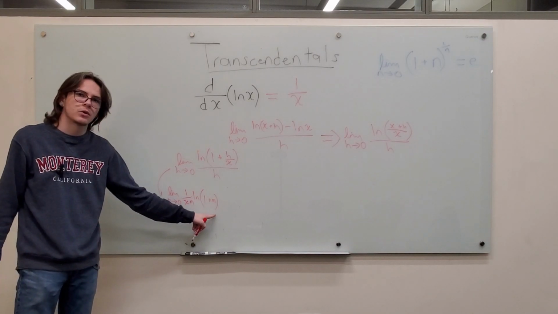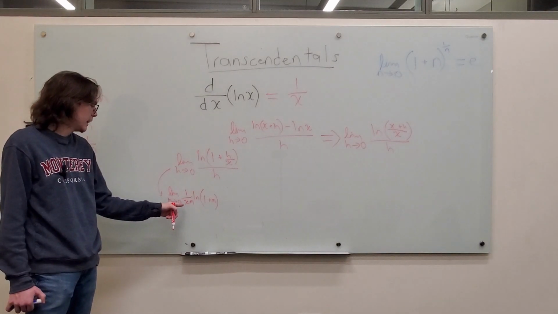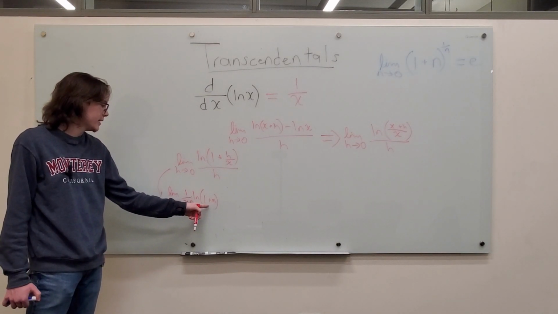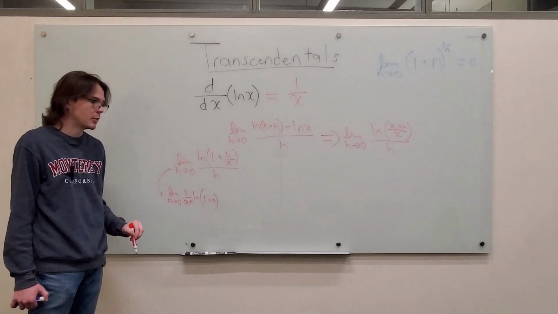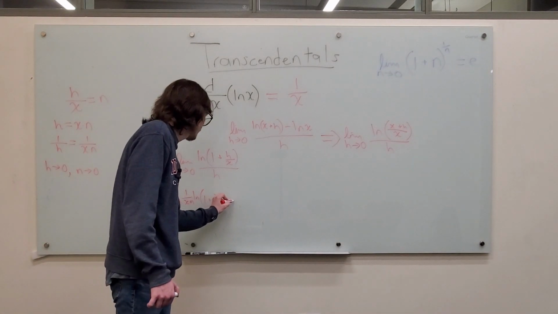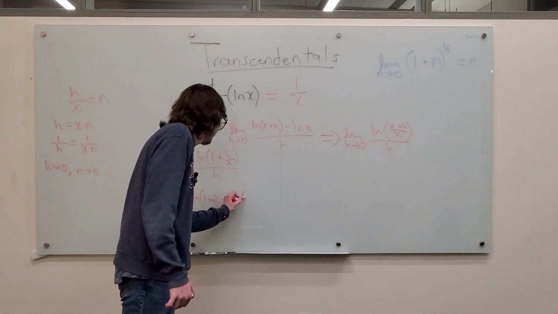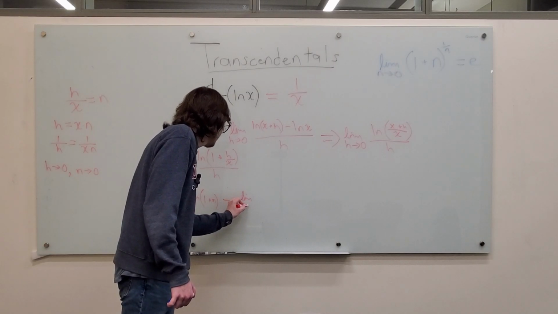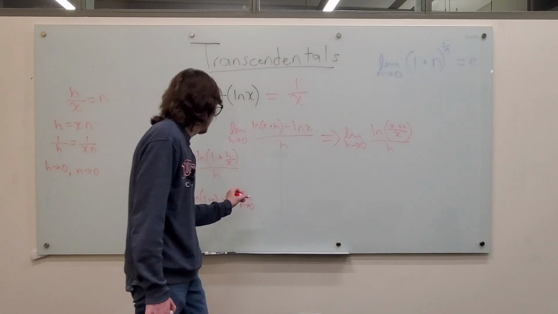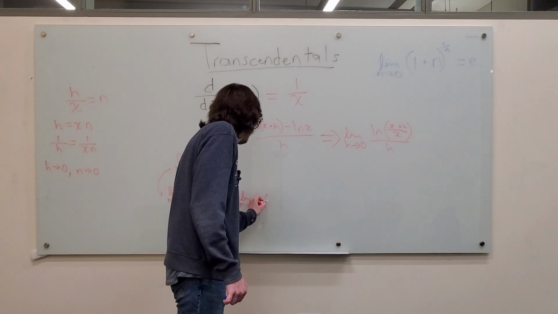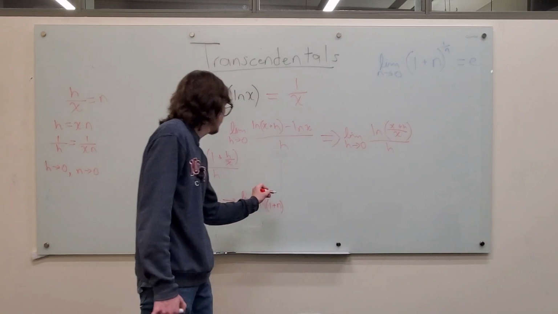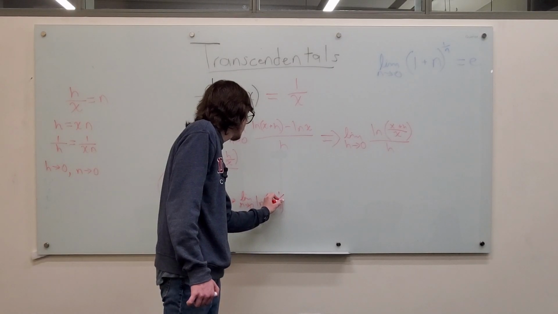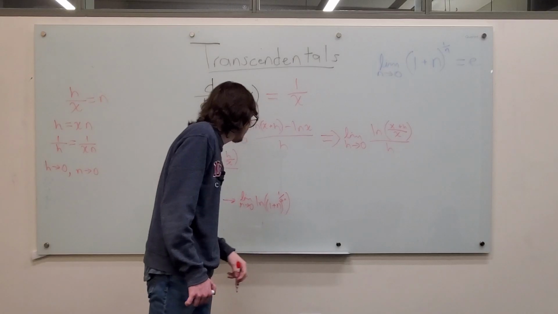Now we know that because of our logarithm properties, this is the same thing as raising our inside term of the logarithm to this exponent. So we now have the limit as n goes to 0 of the natural log of 1 plus n to the 1 over x times n.